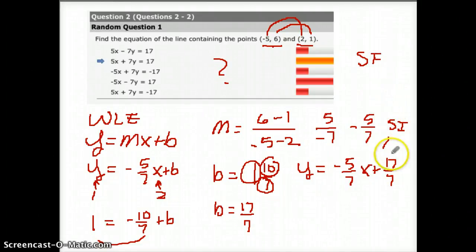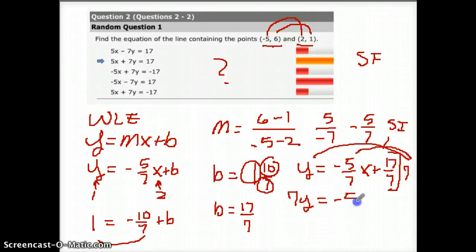Let's get rid of the denominator of 7. Multiply everybody by 7. So 7 times y is 7y. 7 times this is, 7's wipe out. I forgot negative 5x. And here, these 7's wipe out here. This one wipes out with that one, so we got plus 17.